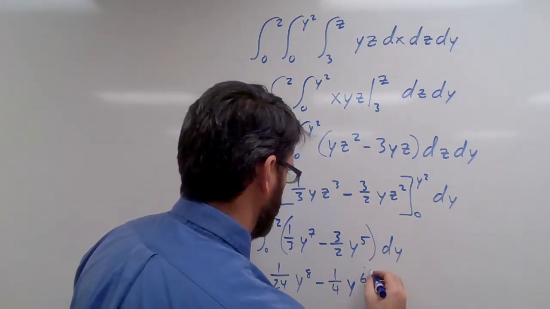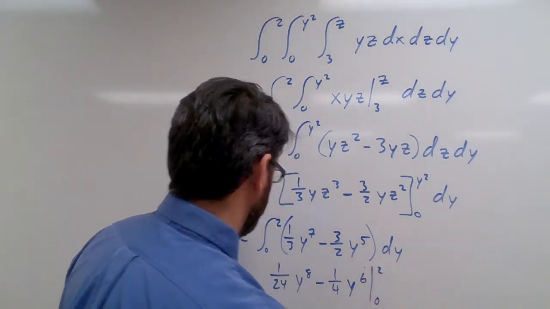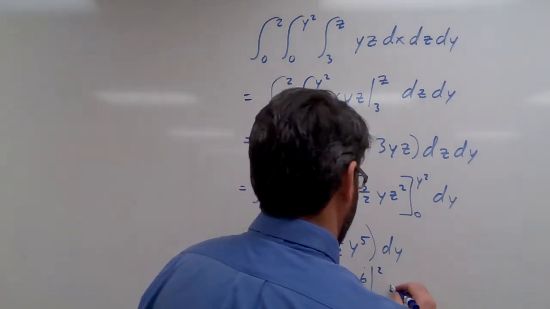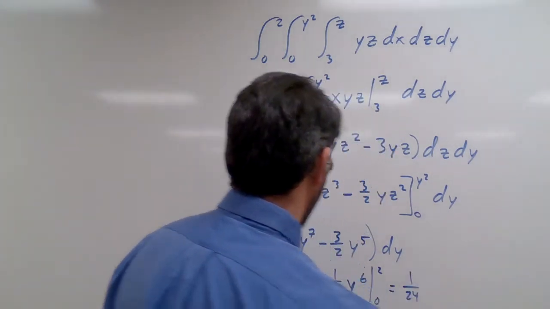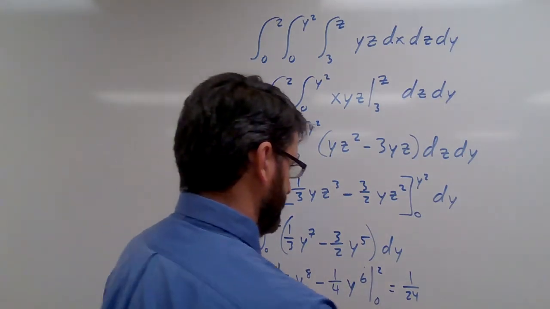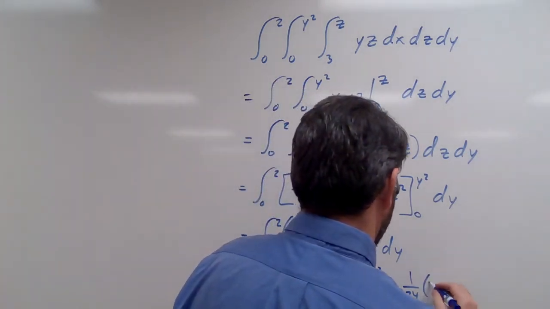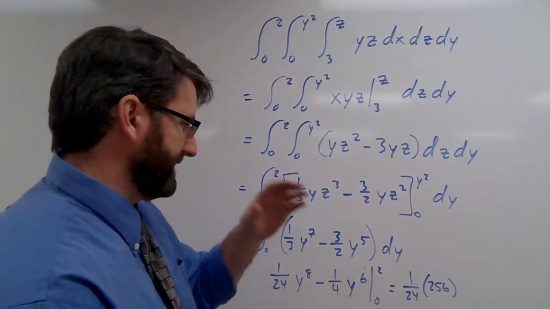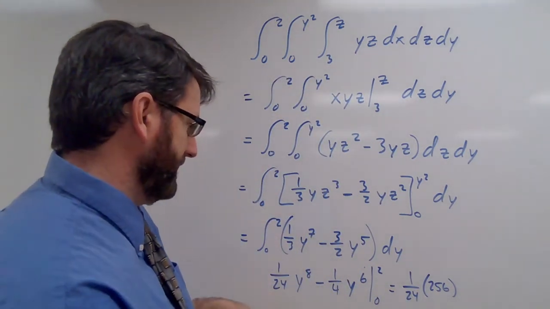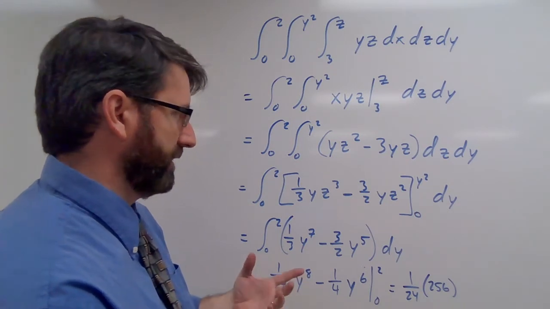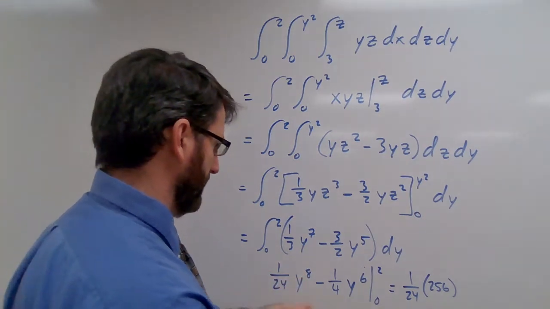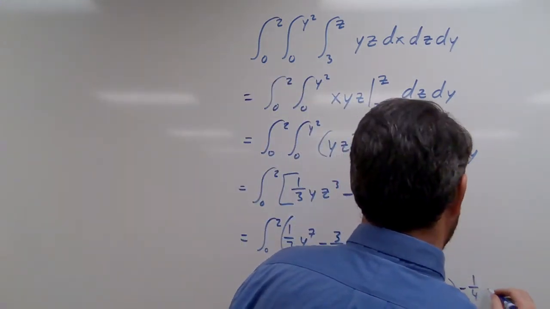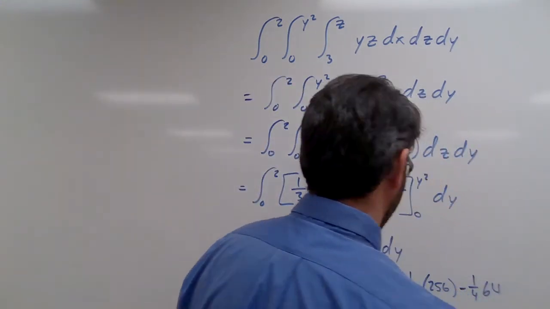And we're going to evaluate that from 0 to 2. All right, so 2 to the 8th is 256, and 2 to the 6th is 64. So 1/24 times 256 minus 1/4 times 64.